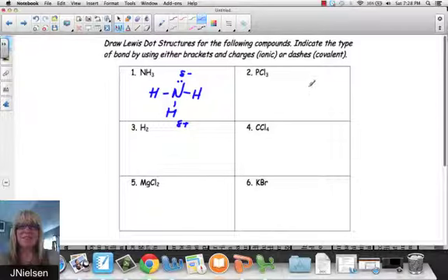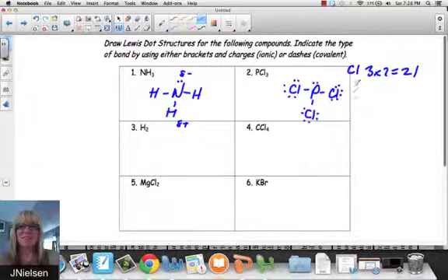PCl3 is going to be very similar because P is in the same group as N, and then you're going to have a Cl here, here, and here, but Cl's got 7 valence electrons. Remember, we want to make sure our electrons add up. So we have 3 Cl's times 7. 3 times 7 is 21. That's for the Cl.